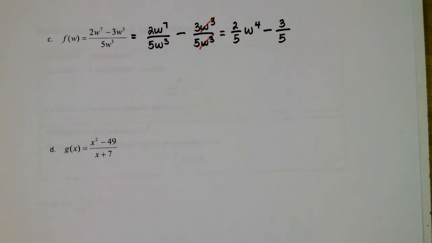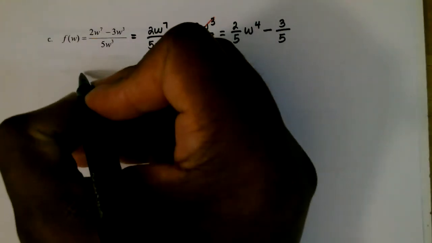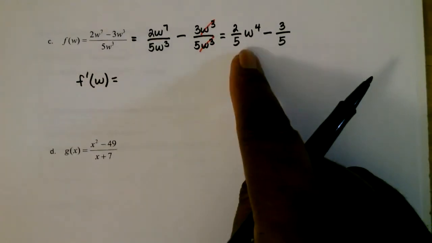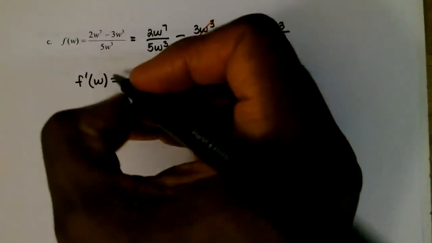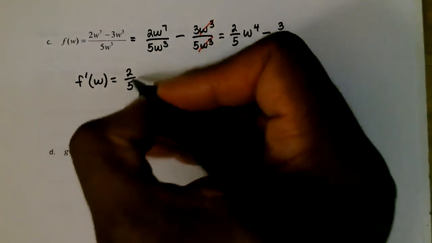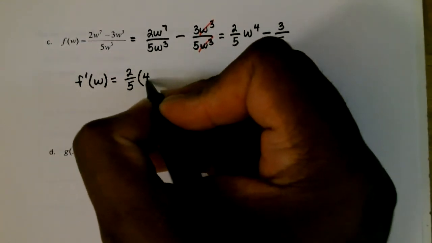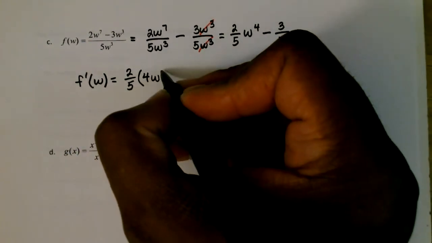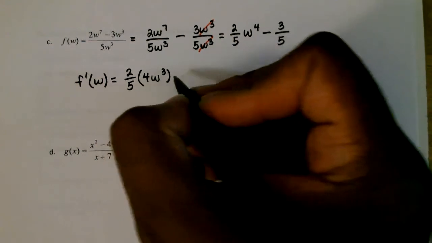And now we're going to take its derivative, okay? So f prime of w will be this. Using the constant multiple rule, I'll bring down the 2/5. And then for w to the 4th, when I take its derivative, bring down the 4, copy that w over to the 1 less power. 1 from 4 would be 3.